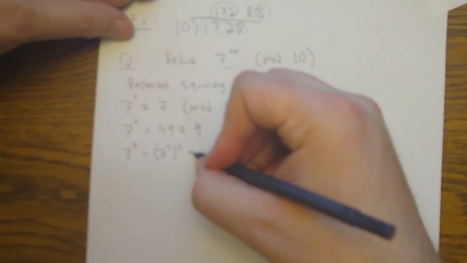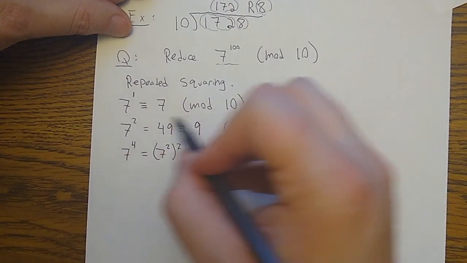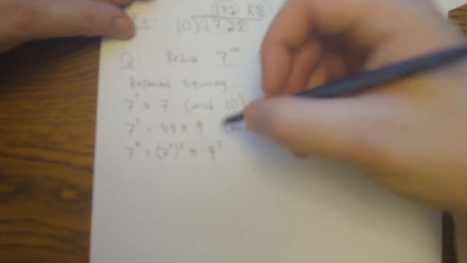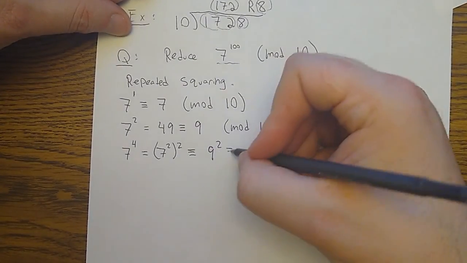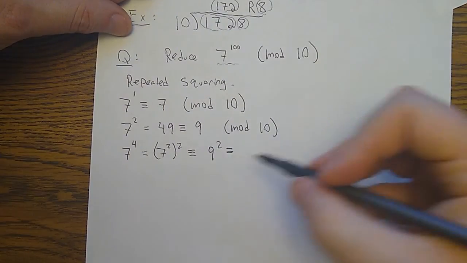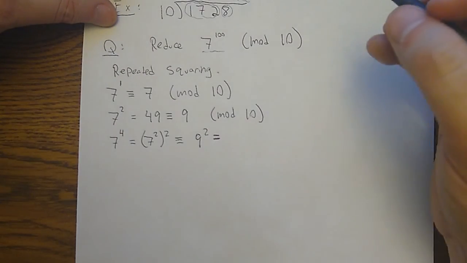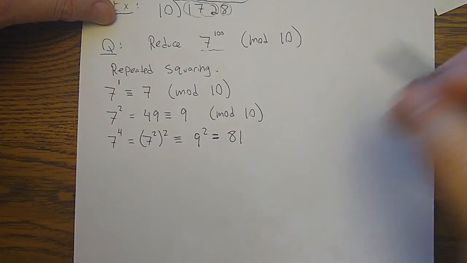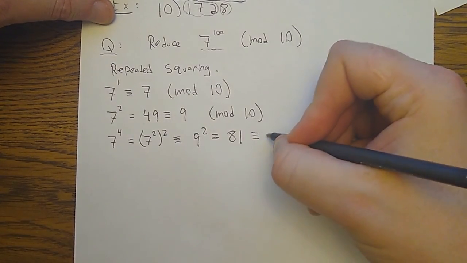Right? I know that 7 squared is 9, and so I square that. And this I have to, again, remember this is 81, and so that would be congruent to 1.